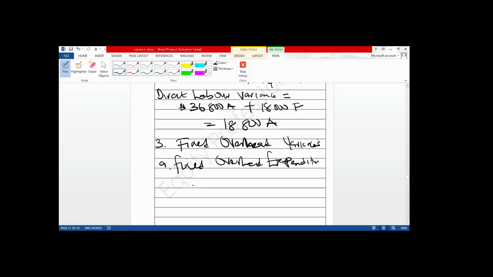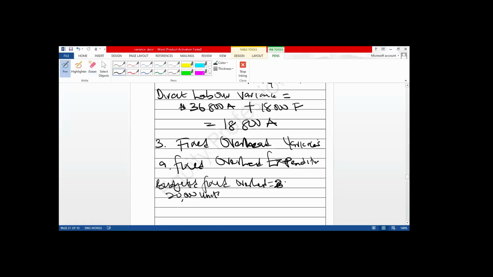To get your budgeted, we plan to produce 20,000 units. And fixed overhead cost per unit, you have calculated before. Go to your budget.